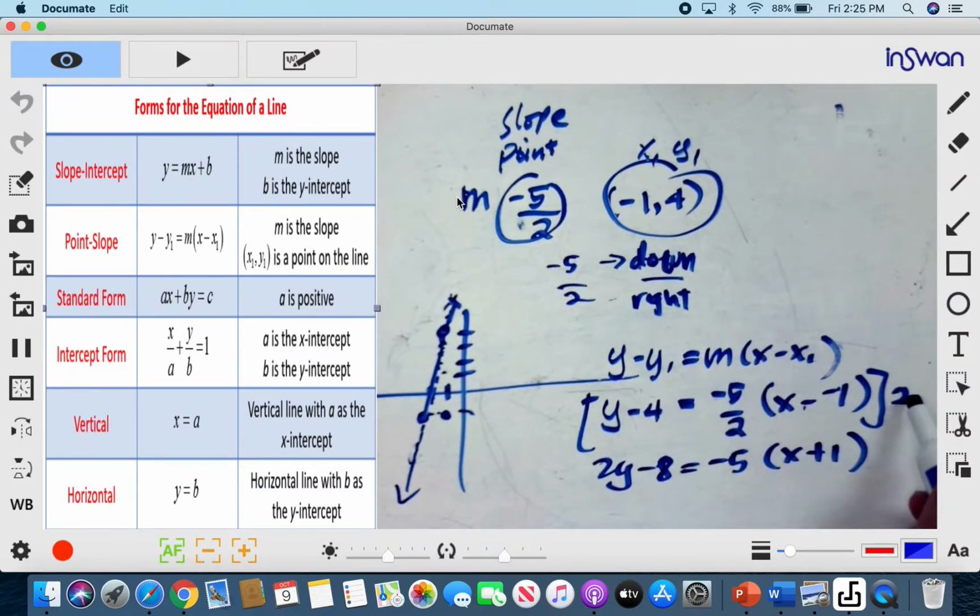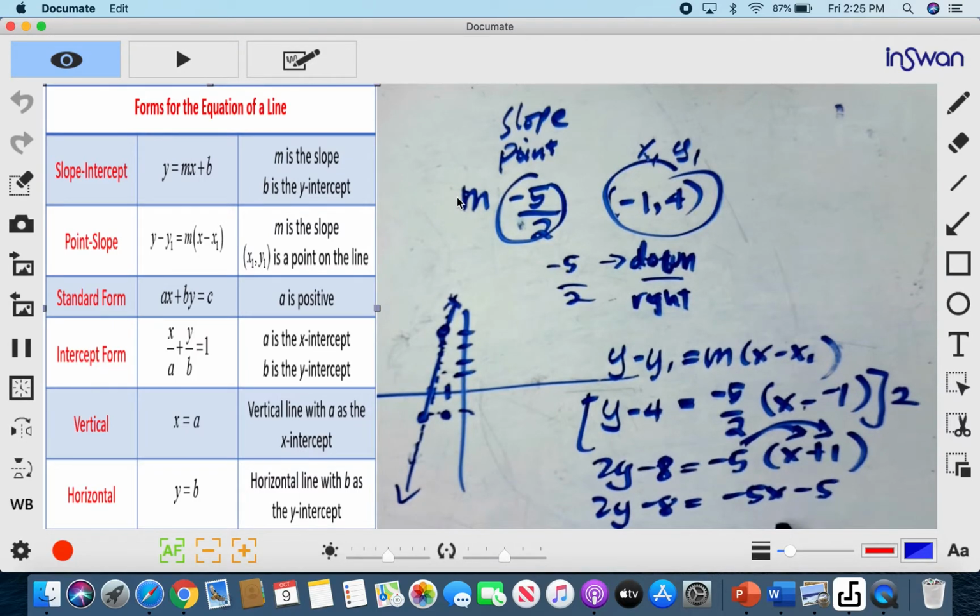And remember, I will divide 2 by 2, it cancels out. So you have -5 as a remaining. So we have to free x because we're putting it in standard form. So we will distribute -5 to x plus 1. So remember, both of them. It's a common mistake of students. They only multiply it with the x. You should also multiply it with 1. So 2y minus 8 equals -5x minus 5.